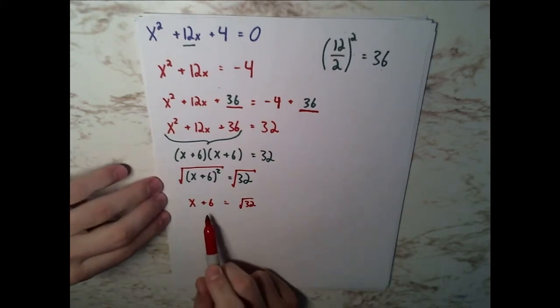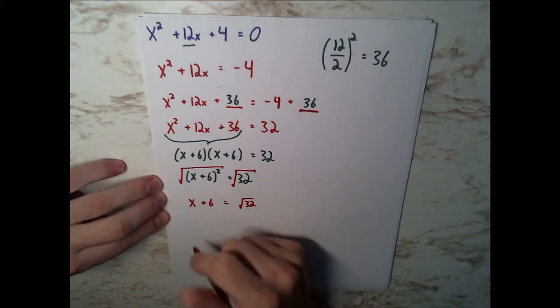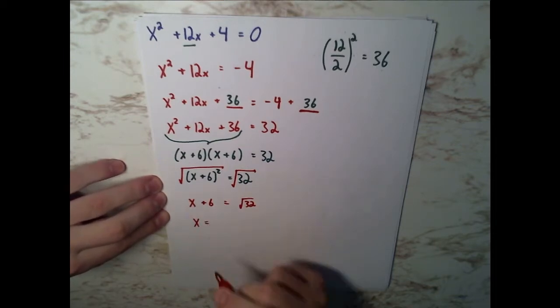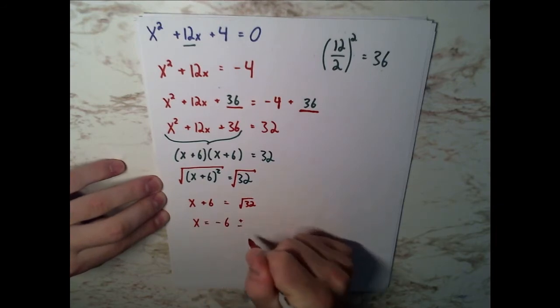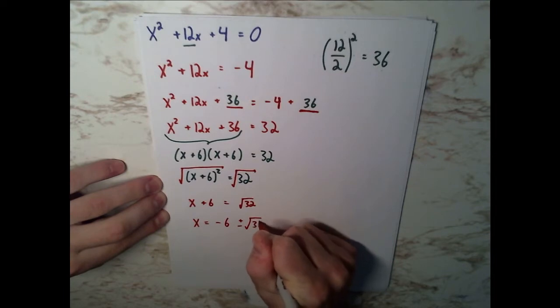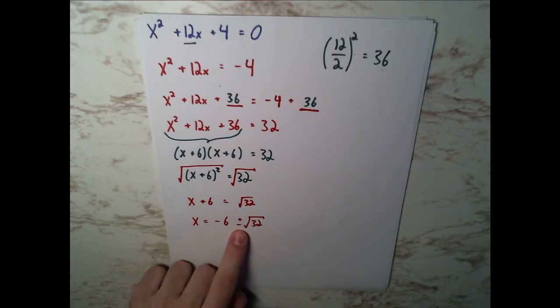Our last step to solve for x is just to move this 6 over to the other side. So x is going to equal -6 plus or minus the square root of 32. Just remember that this plus or minus gets added in whenever we have a square root in our solution.